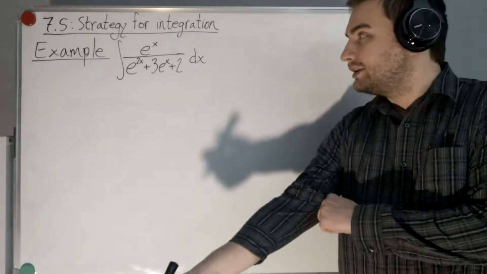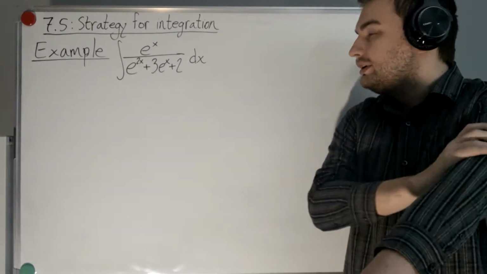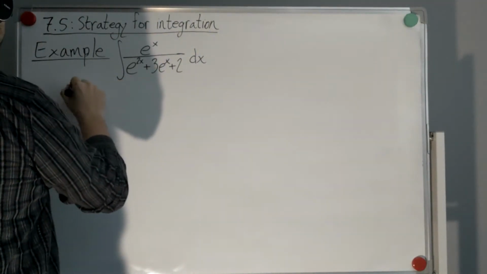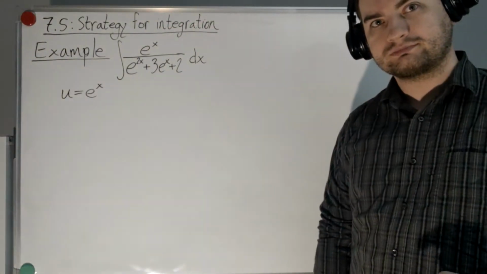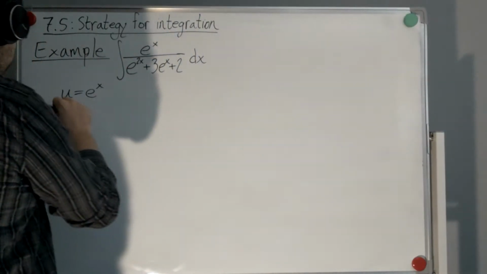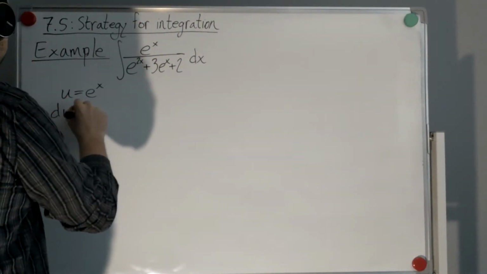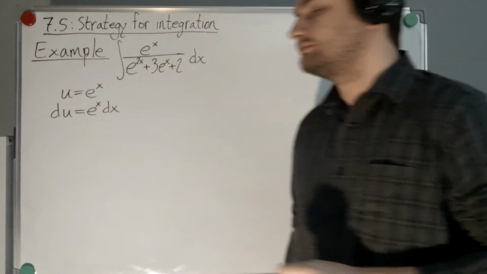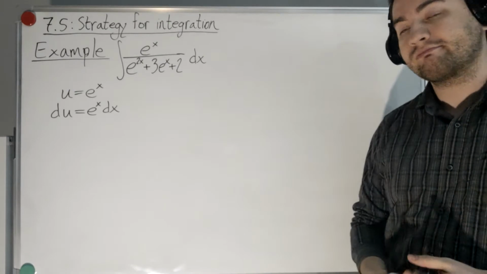Okay, so for U substitution, what we're going to do is we're going to say u equals e to the x. If you do that, then du, of course, is going to be e to the x dx. Agreed?